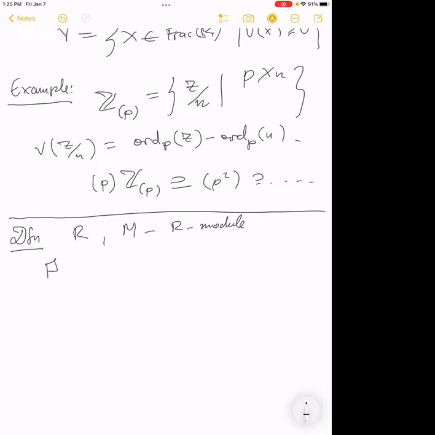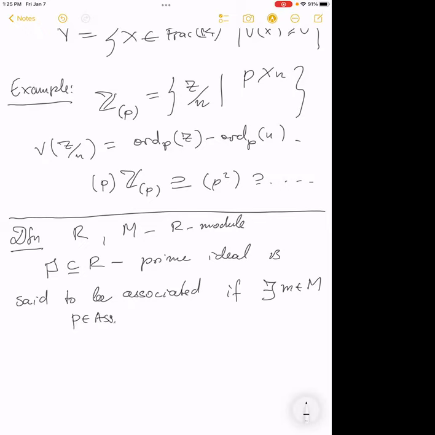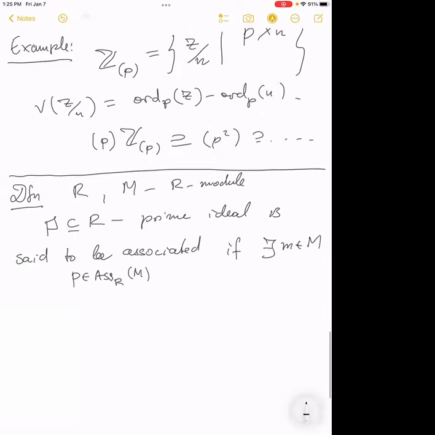A prime ideal P in R is said to be an associated prime of the module M if there exists a non-zero element in the module such that P is equal to the annihilator of this element.